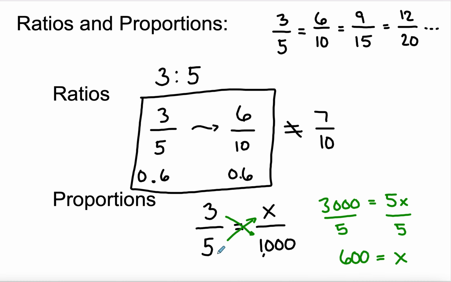So, if for every 3 cars there are 5 passengers, that means 600 cars would have 1,000 passengers.